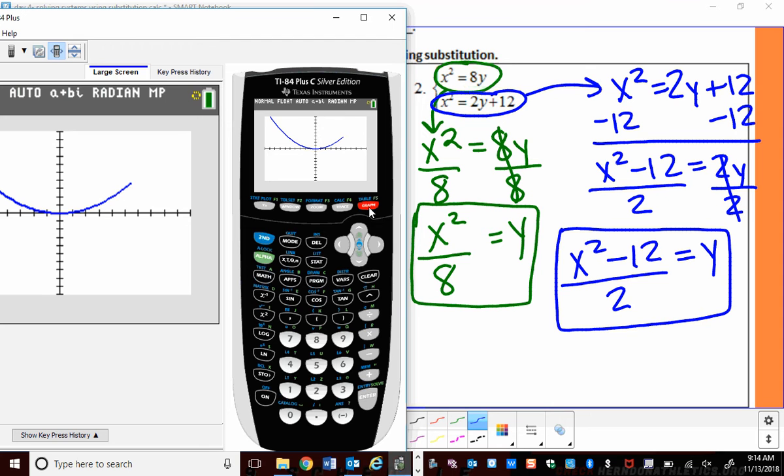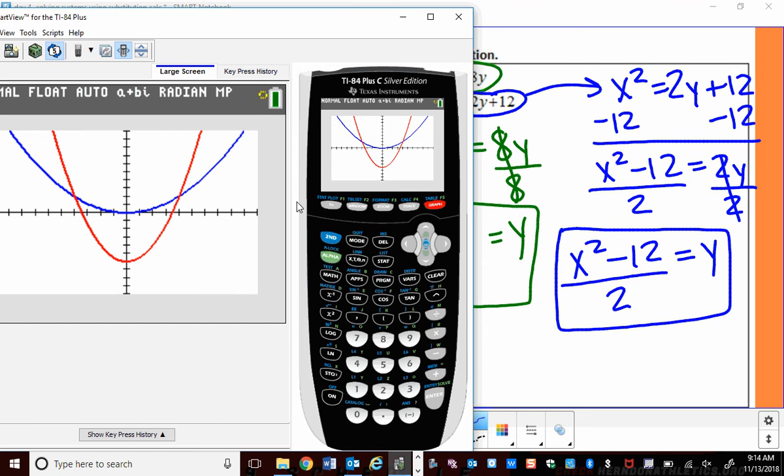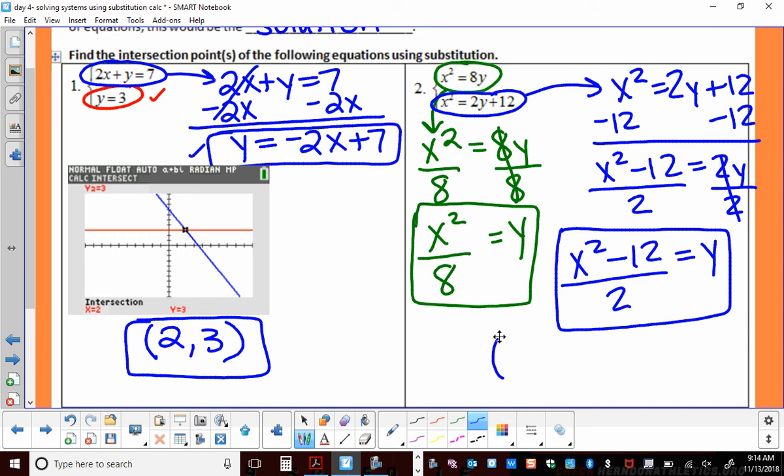Should be 2 parabolas. All right, how many solutions do I have here? I have 2 solutions. So second trace, intersection. I'm going to do the one on the left first. My first intersection is negative 4, 2. Let's find the second.